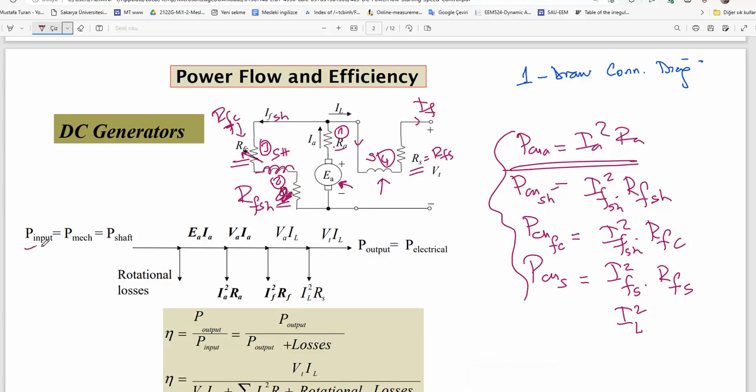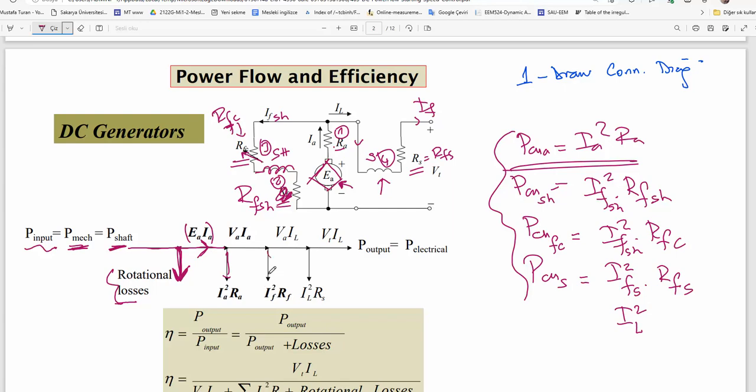So, input power, which is mechanical power or shaft power. First, there is a mechanical loss in terms of friction and windage, but you cannot see it in the equivalent circuit. Those are rotational losses or mechanical losses. Then the rest of the power will be converted into electric power across this device, the armature.